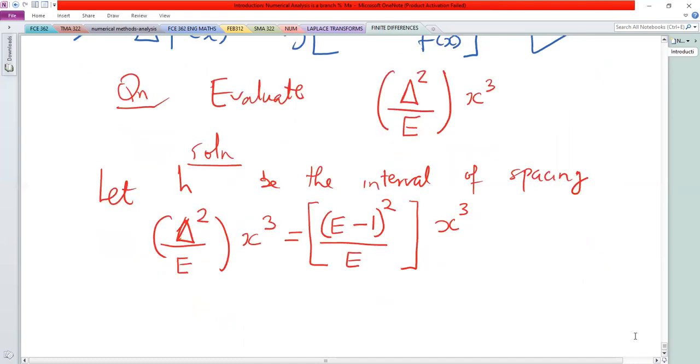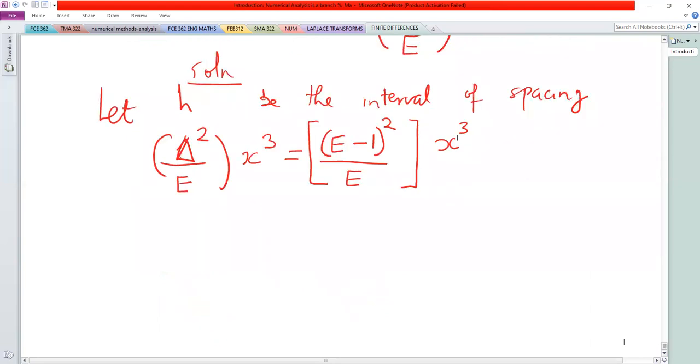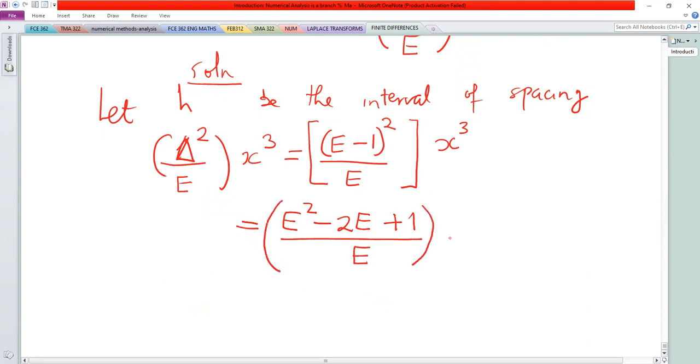Now, this will give us shift squared minus 2 shift plus 1. You divide by the shift, and then you multiply by x power 3.